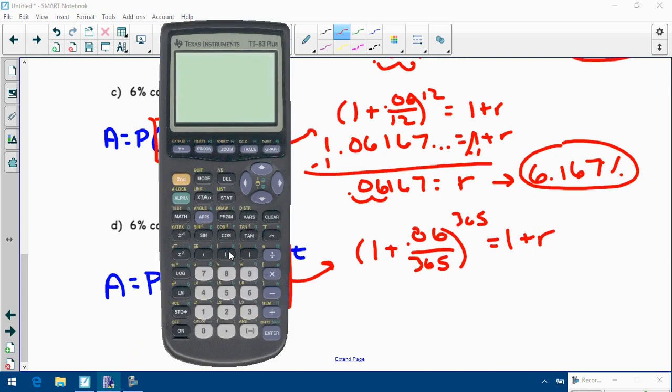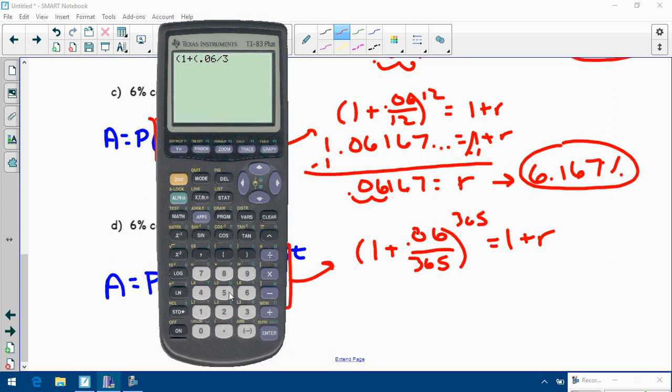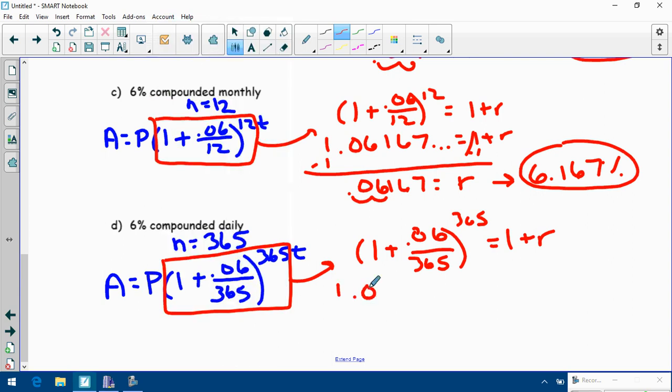We come over here. 1 plus 0.06 divided by 365. Just kidding, 365. Raised to the 365. Give me that number. 1.06183 equals 1 plus r. Subtract the 1.